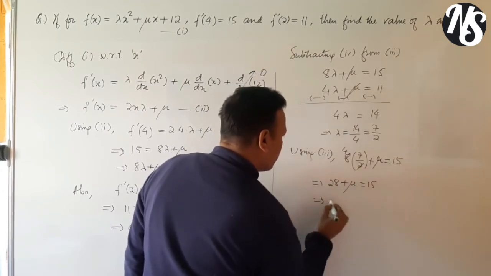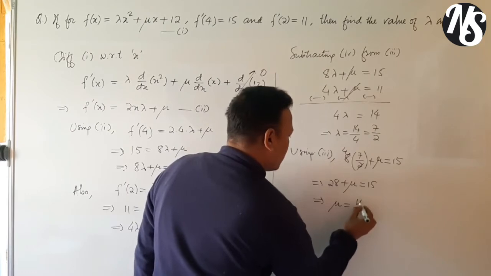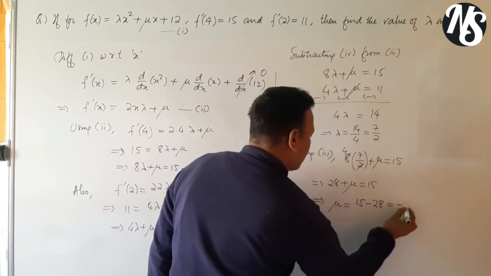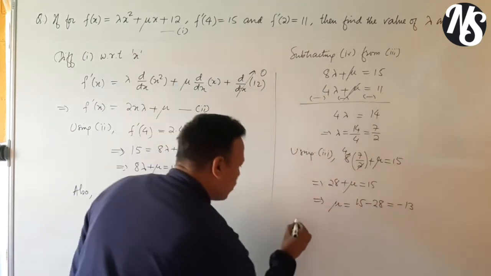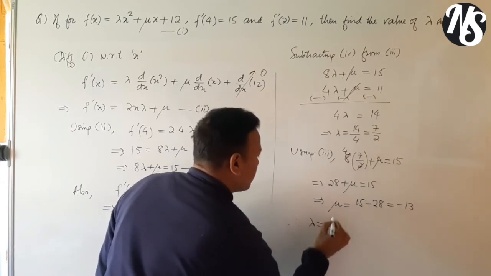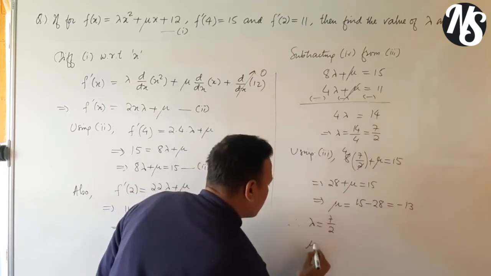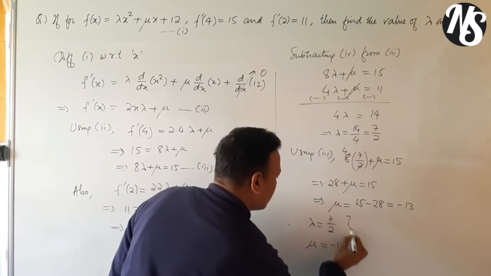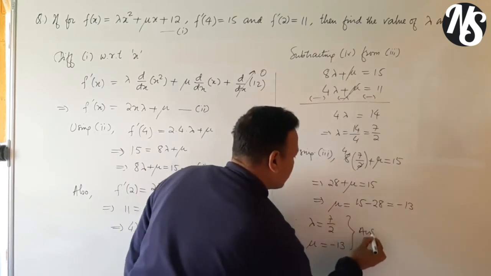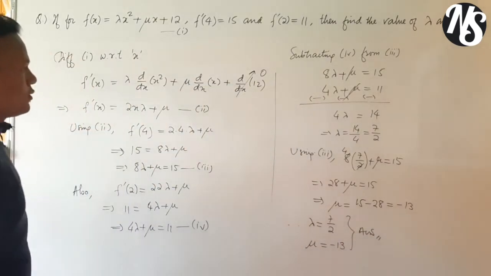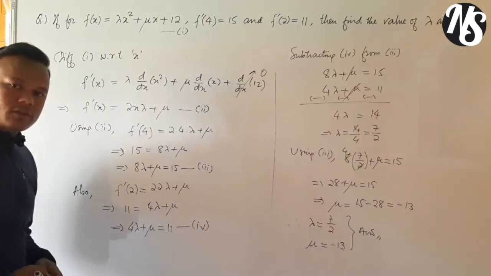So mu turns out to be 15 minus 28, which is minus 13. So therefore lambda is 7 by 2 and mu is minus 13. So these are my answers for this particular question. You may pause the video and note it down.